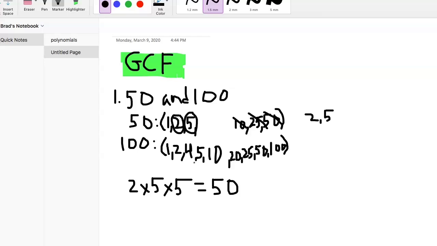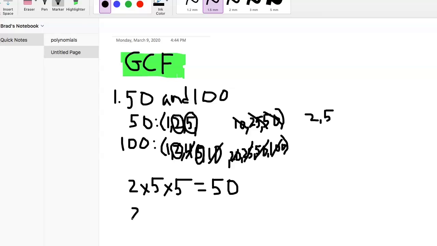Now for 100, again, 2's good, 5's good, 4, no, it's even, 10, no, even, 20, no, even, 25 we just ruled out, right? Because 5 times 5. 50, no. So just 2 and 5, right? So how do we go about doing this one?